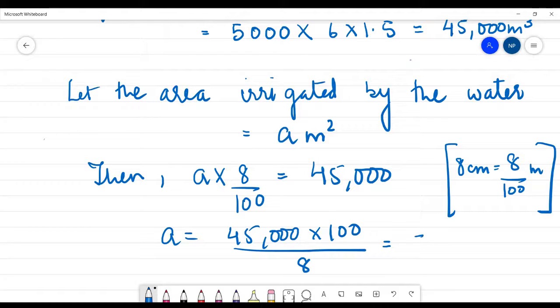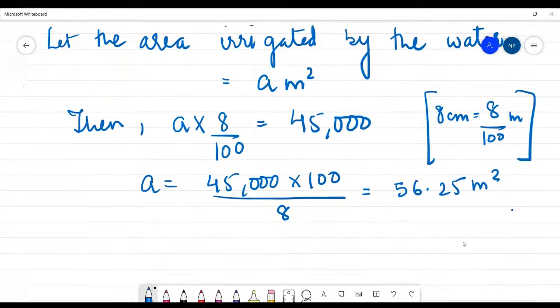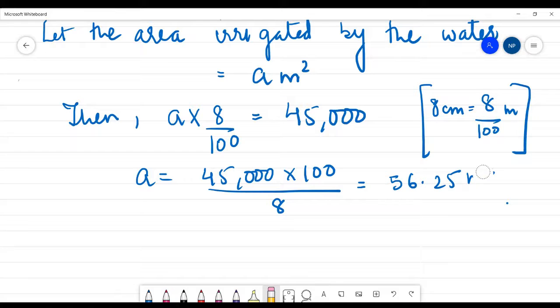From here you will get the answer as 562,500 meter square, children, sorry. This completes your question number 8, and question number 9 is homework.